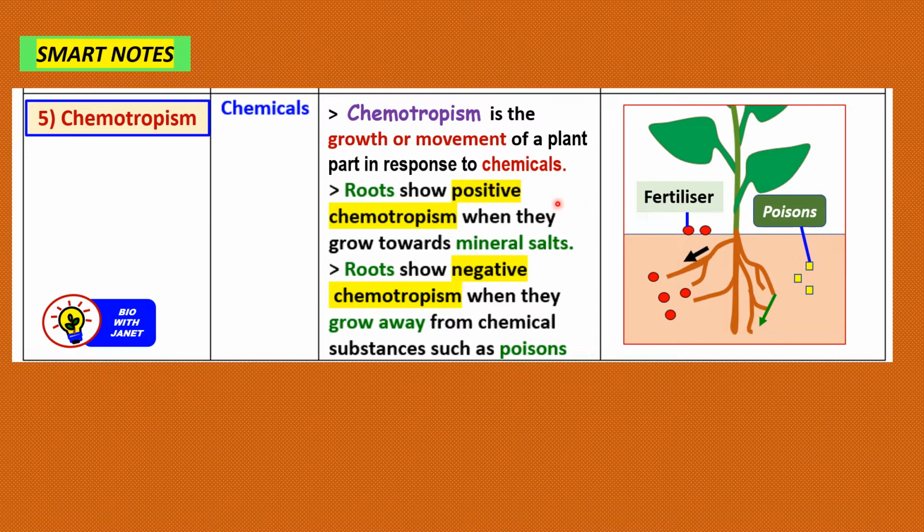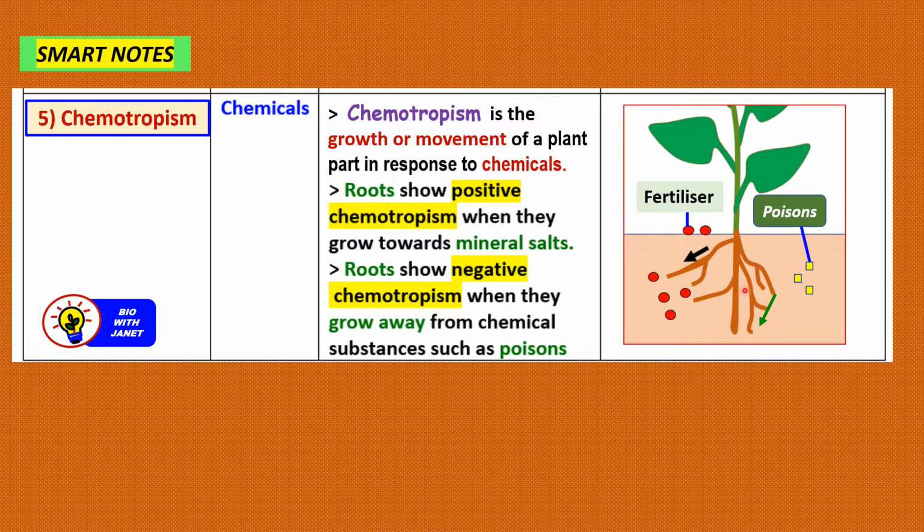This response is shown by roots of a plant. Roots show positive chemotropism when they grow towards mineral salts in the ground. These mineral salts are the nutrients for the plant, and may come from the fertilizers that are put into the soil. So the roots will grow towards them in order to obtain these mineral salts for growth and development of the plant.